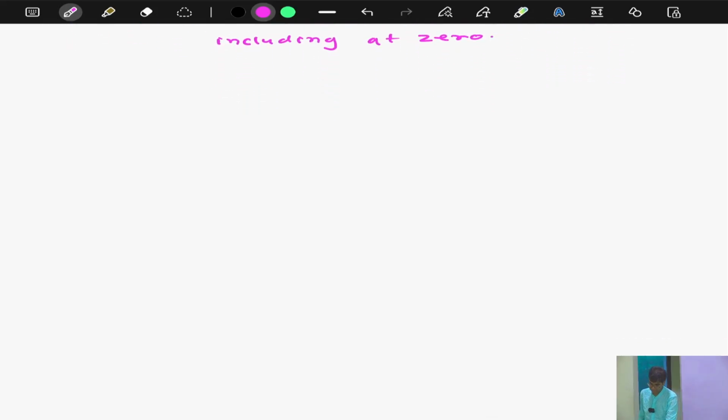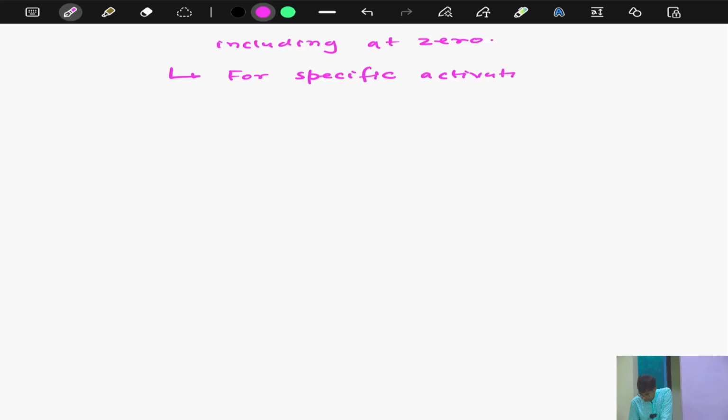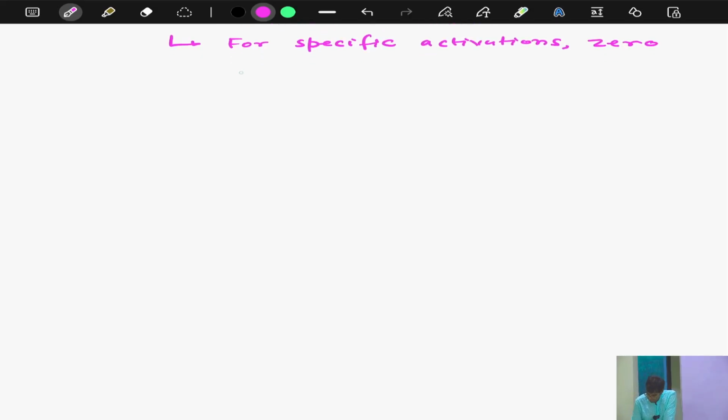Also, for specific weights, specific activation function, activations, zero initialization might lead to dead unit.